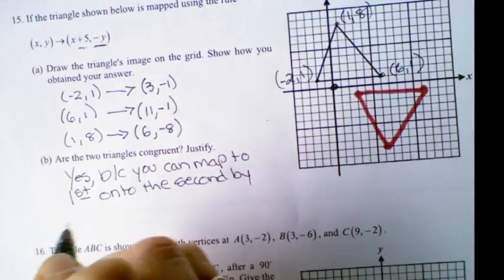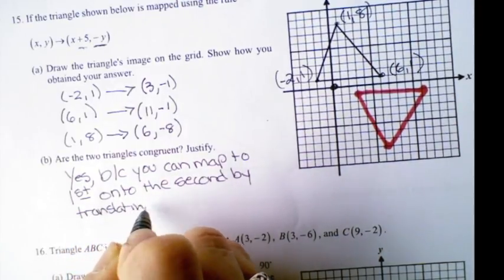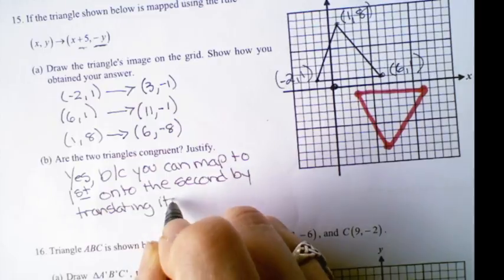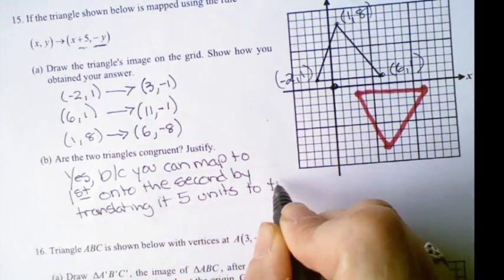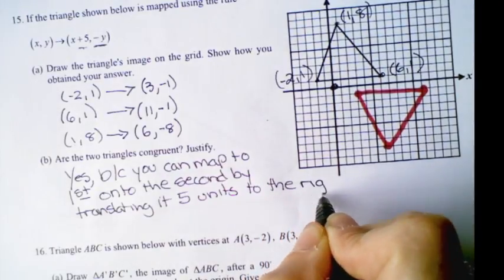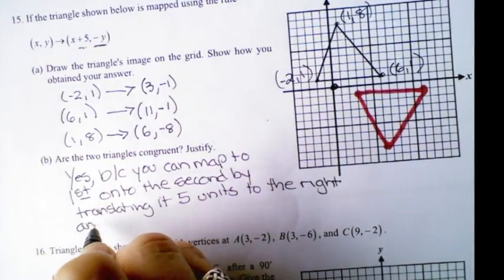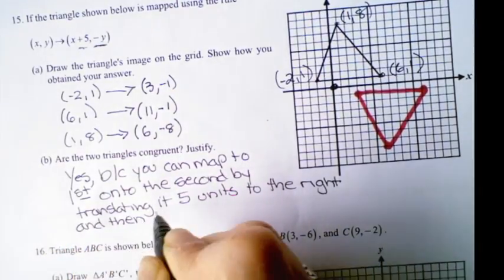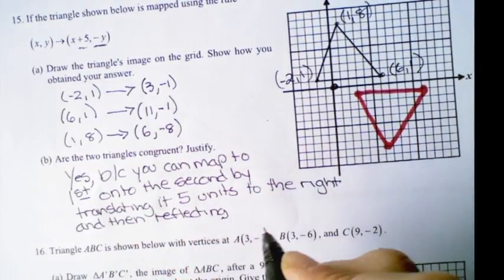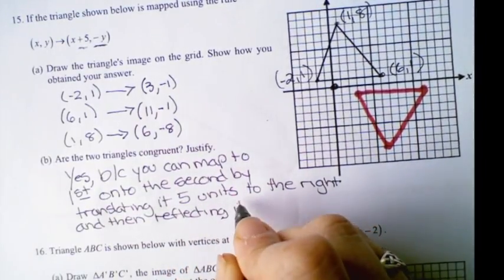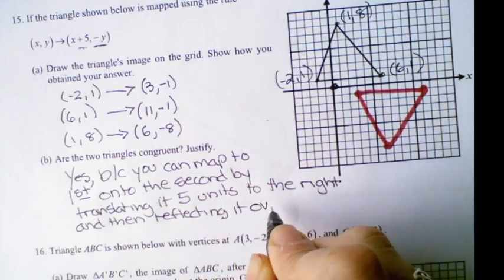By translating it 5 units to the right, and then reflecting it in or over the x-axis, I'd rather say over.